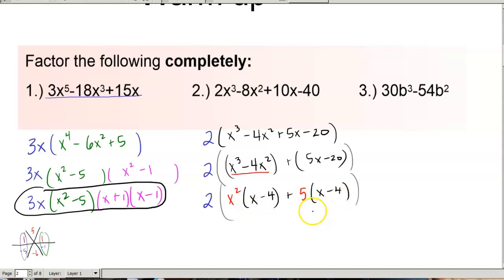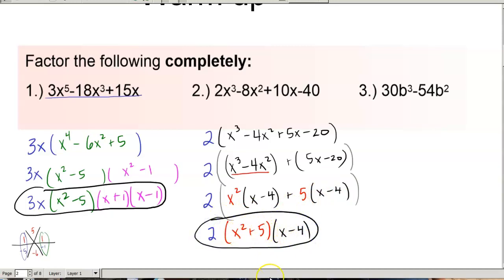So that gives us a way to now write the problem like this. We're going to have 2, but now we're going to take this red part, and I have an x squared and I have a plus 5. So that's going to become one of my parentheses. And my other parentheses will be the like term here, the x minus 4. So x minus 4.